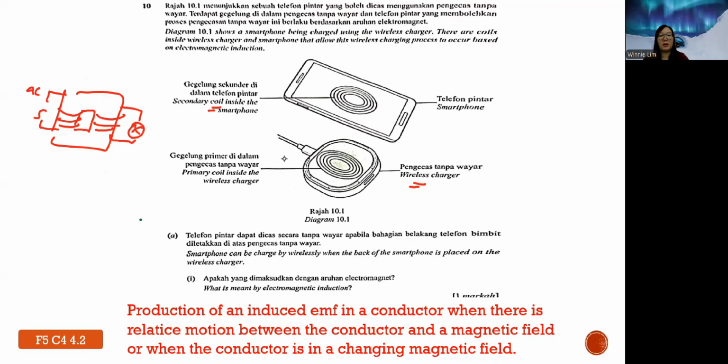You produce the field from here, then it links to the secondary coil. Then same thing, it will collapse. Then there is a constantly changing magnetic field. So that's why the EMF is induced in the smartphone.